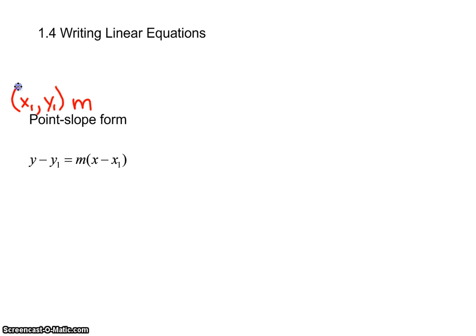Okay, so just a quick example of how this will work. Say I'm given a point at negative 2, 4, and I'm given a slope of 1/2. My point, negative 2, 4, we can look at that as my x1, y1. All I'm going to do is substitute that into my point-slope form of the equation.